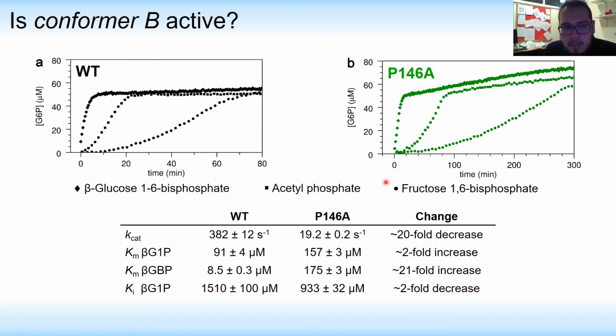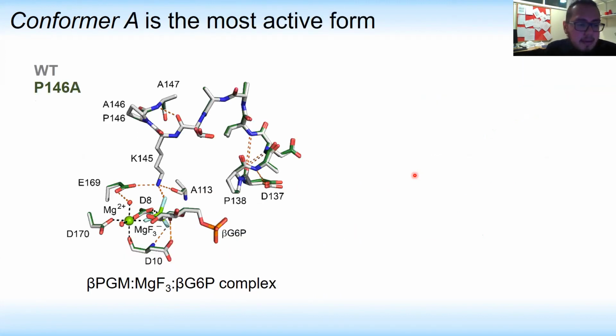So is conformer B active or not? In the lab we have a method to study transition states of phosphoryl transfer reactions using metal fluorides. We generated a beta-PGM magnesium trifluoride G6P complex of both wild type and P146A, which is a good analog of G16BP, glucose bisphosphate, binding.